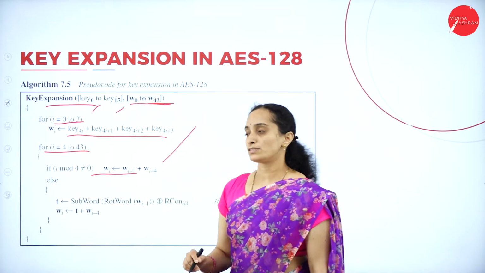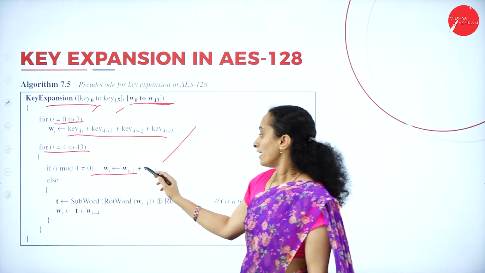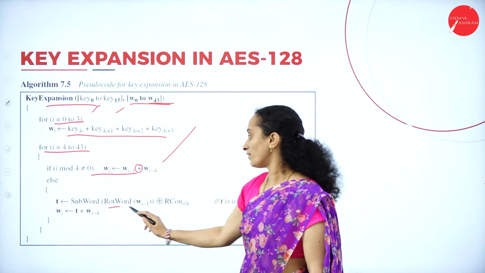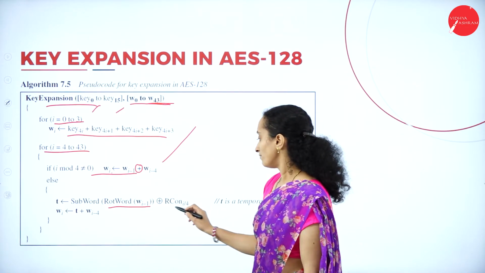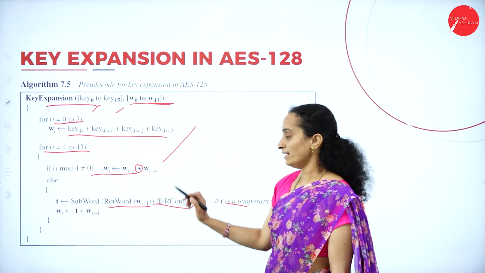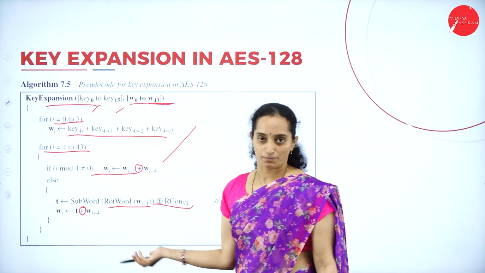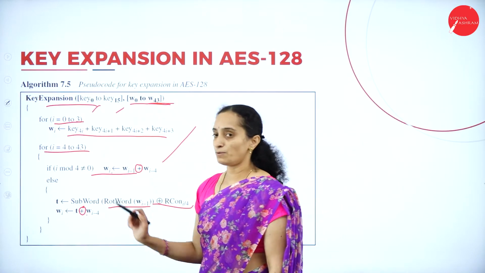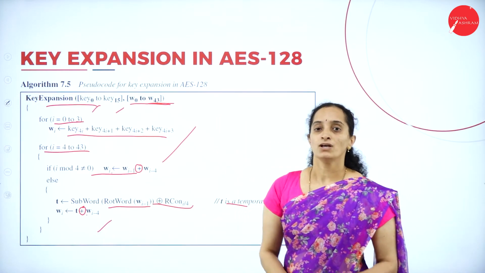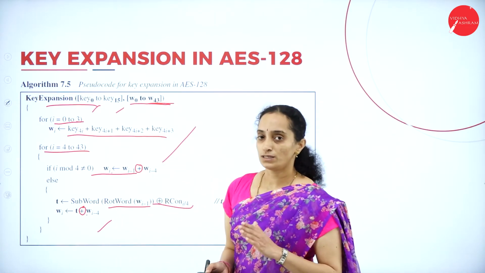If i mod 4 is not equal to 0, we use W(i minus 1) XOR W(i minus 4). Else it will be SubWord and RotWord with i by 4. The same procedure will be followed with the temporary word. Temporary word XOR, or you can perform the addition, with W of i minus 4. So these three conditions will be used to get the words in each round key of 128 bits.